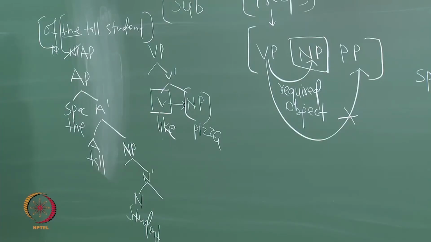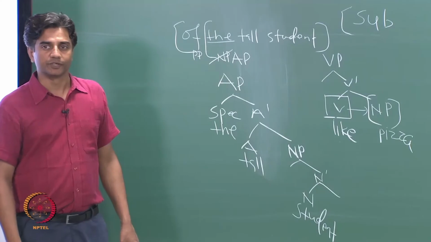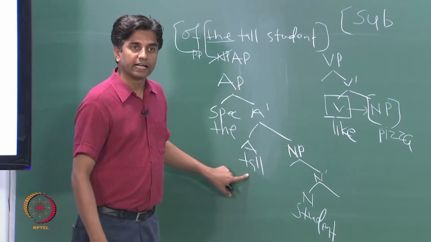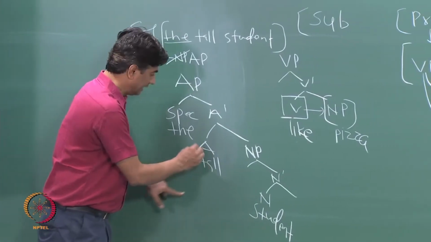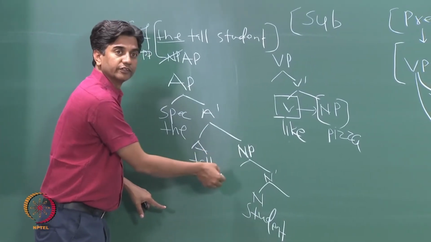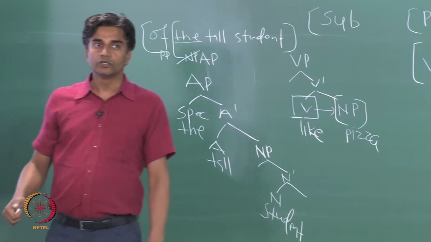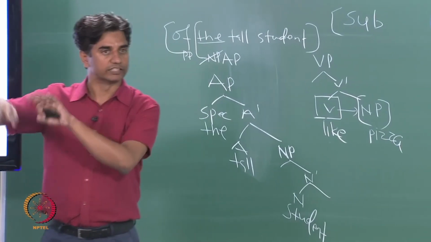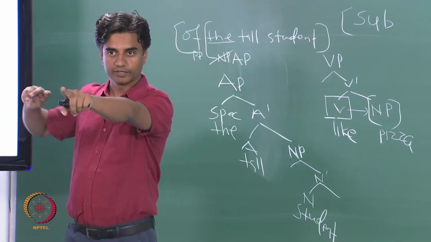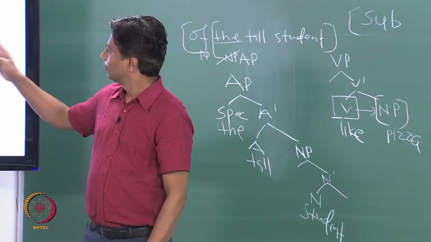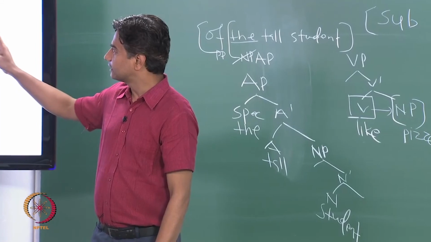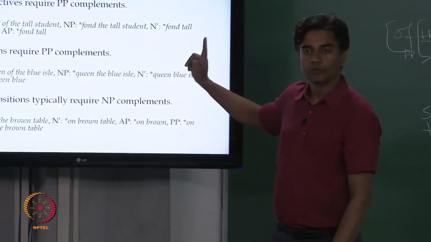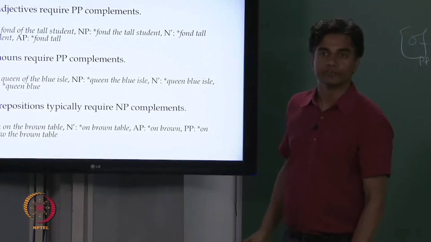Lost? Confused? What's the confusion? "Tall," as the head of this phrase, has an NP as a complement. Hold on, you are mixing two or three things together. First of all, let me reduce the confusion. When the first statement says adjectives require PP as complements, where do you see that there is no PP as complement?